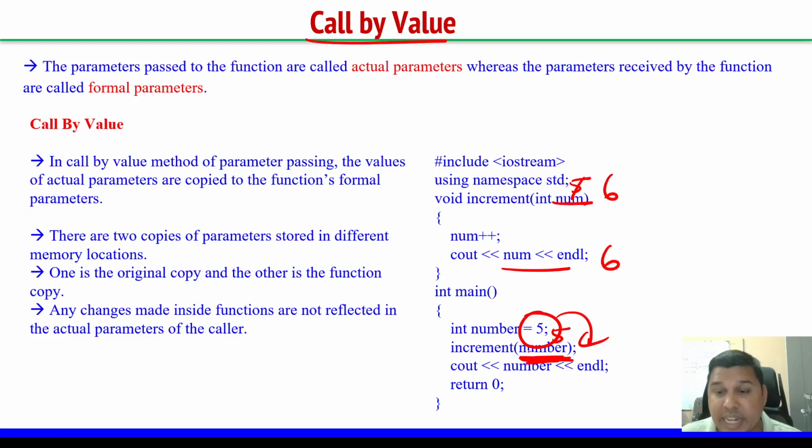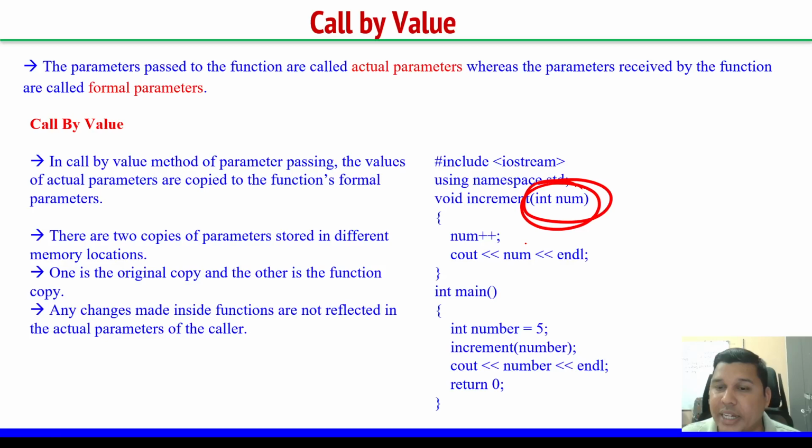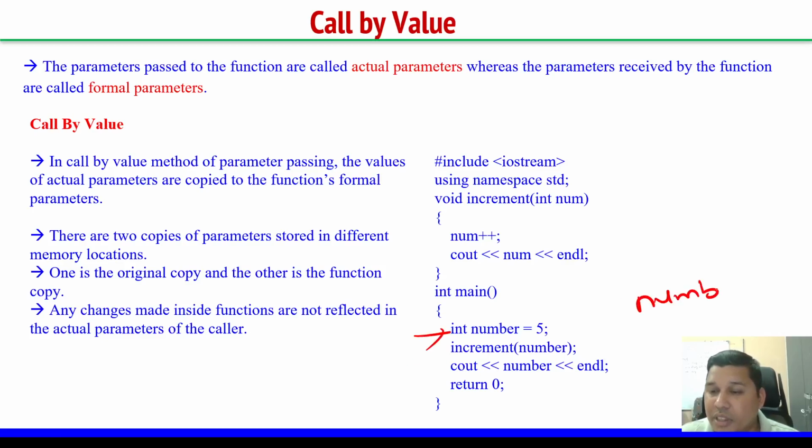Okay, so any change you make in this formal variable, in this formal argument, will not be reflected in the actual argument. Why? Because you know the standard point, whenever you define variables, memory will be allocated. When you wrote int number equals 5, a memory block will be allocated with 5 and some address, say 1000.